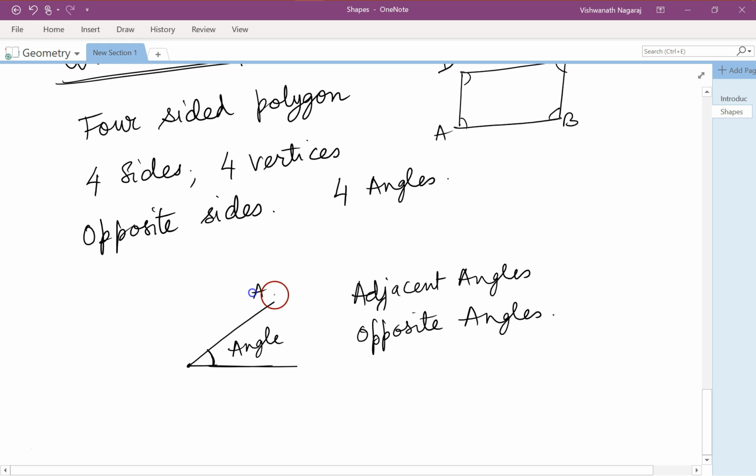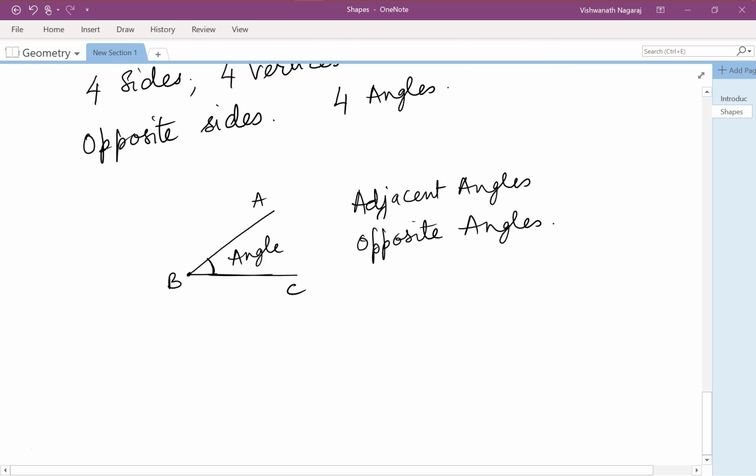Now let's say this is A, B, C. We refer to this angle, or you can say angle is nothing but the gap between two line segments with common endpoint. Now we will later on look at how to measure this angle. Okay, but for the moment let's keep it simple.